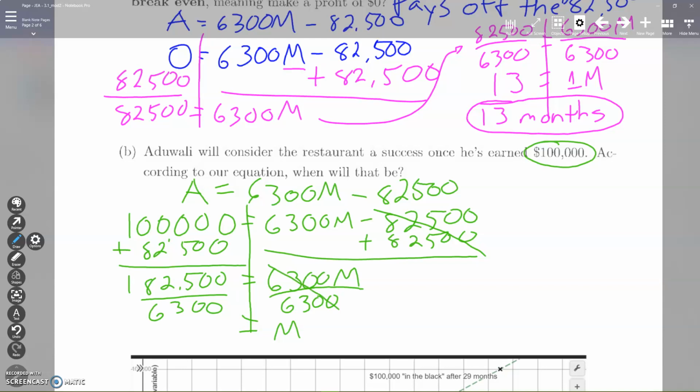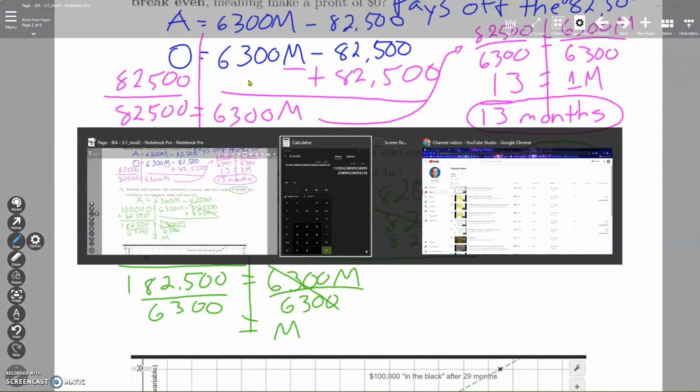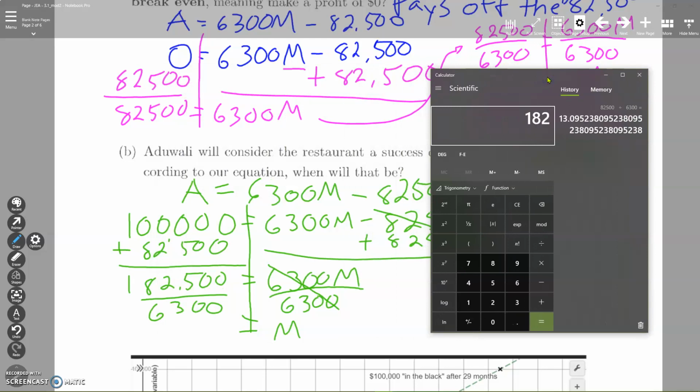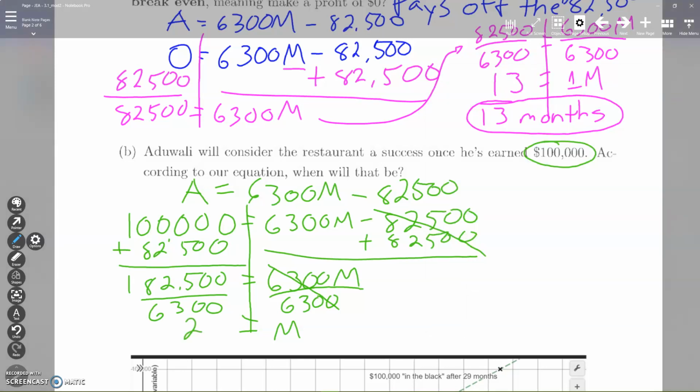That's represented by M, and 182,500 divided by 6,300. Again, we can pull up the calculator because we might as well save some time. Divided by 6,300, and we get about 28.9 and some change number of months. So just about 29 months.